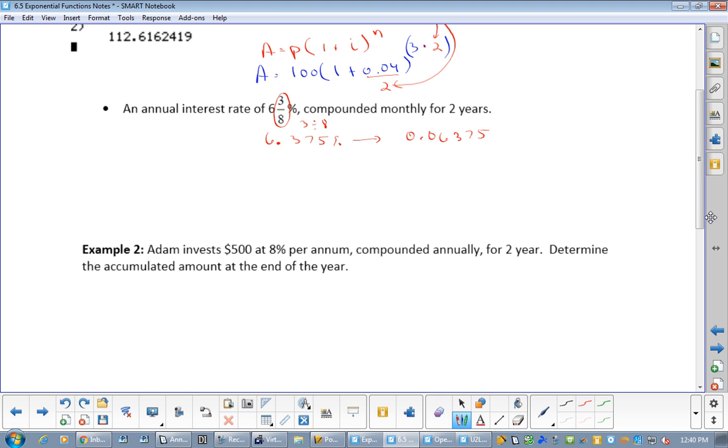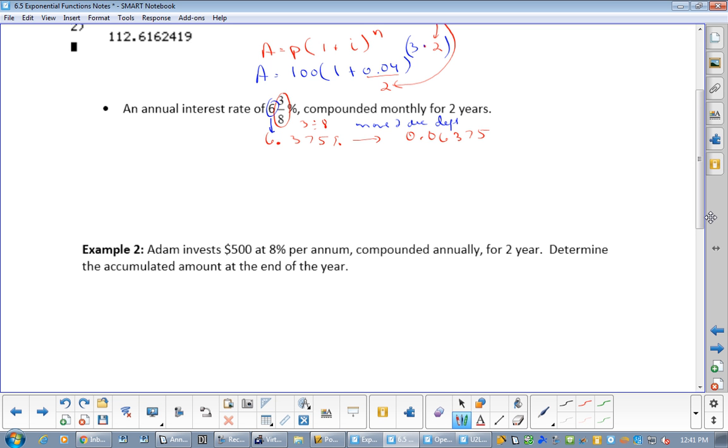The 6. Do you see how I just keep the 6 there? And then I put point the fraction converted. 3 divided by 8 is 0.375. Then move 2 decimal left. So I get it into decimal.